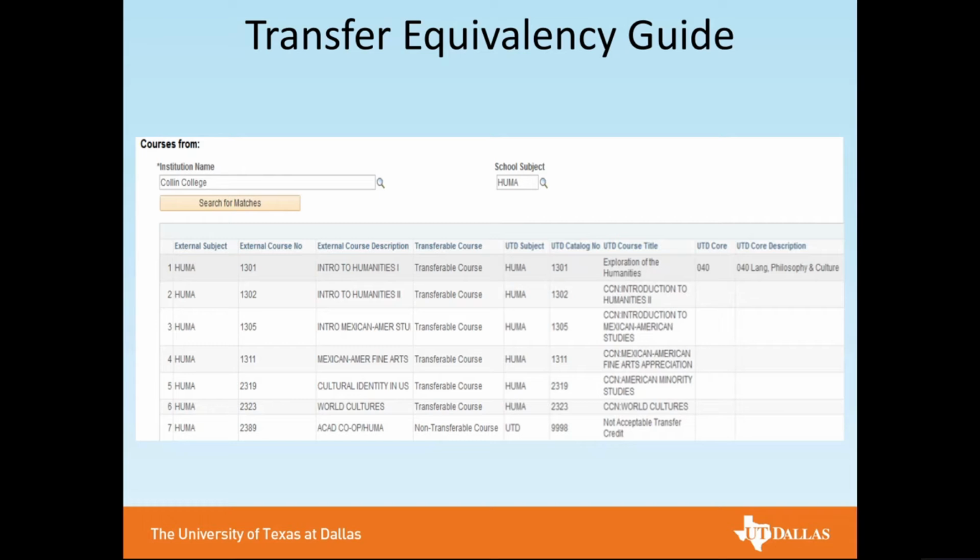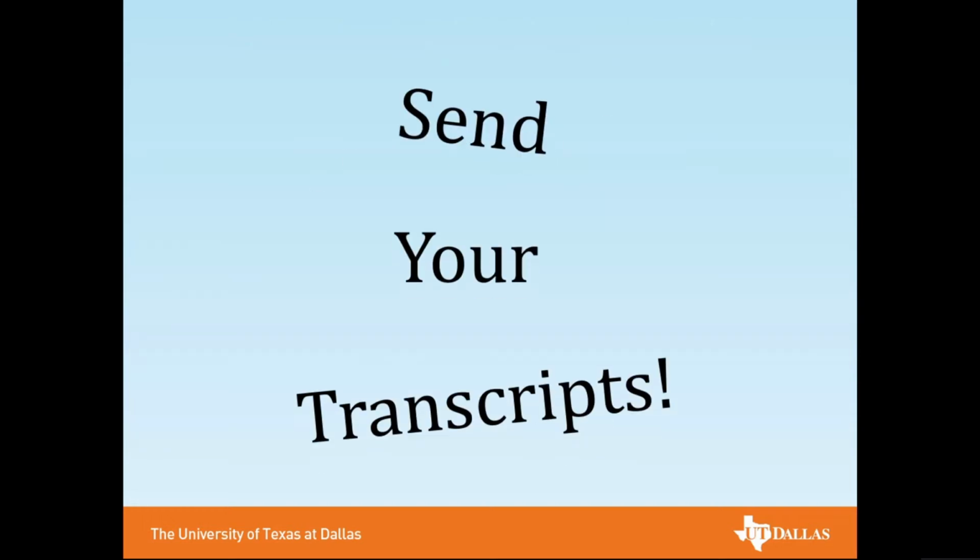This guide allows you to look up courses at other schools to confirm they transfer to UTD. So please remember to send transcripts so we can have an updated record of all courses, and so that way your degree plan is updated accurately.